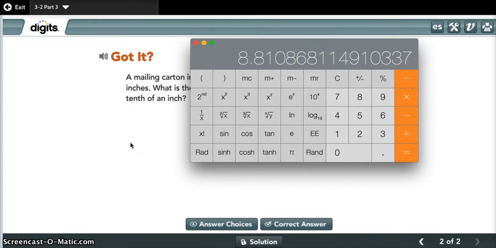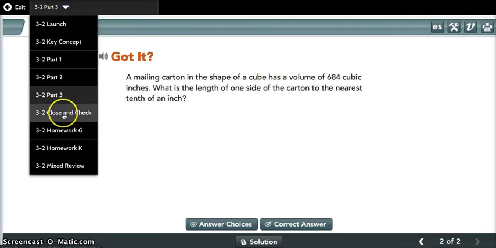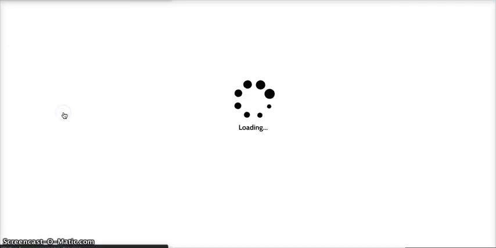And later on in this year, we will learn how to estimate cubes and non-perfect cubes and non-perfect squares. And we'll dive into that a lot more in detail later. So for now, just go ahead and use a calculator for these types of problems and call it a day with that, which means that we are now finished and ready to go on to our close and check.